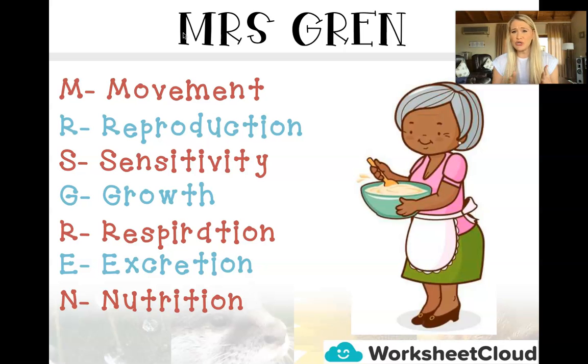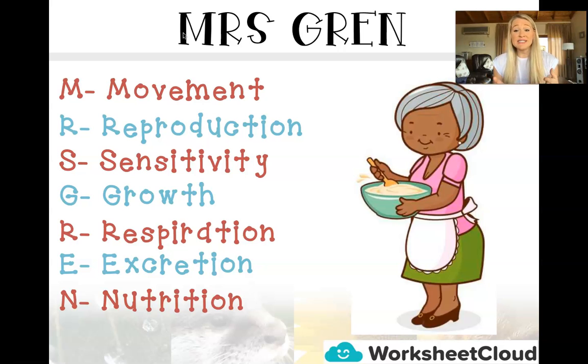Now, some of these words, some of you probably have heard before, and some of you maybe this is the very first time that you are hearing these words. But it's okay. I'm going to go through the meaning of each of these words, how they are tied into living and non-living things. Okay, now Mrs. Gren is very special because we use Mrs. Gren whenever we look at an object and we think to ourselves, is this particular object living or is it non-living?